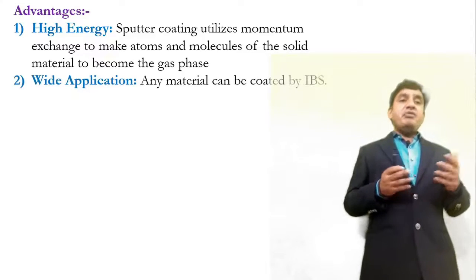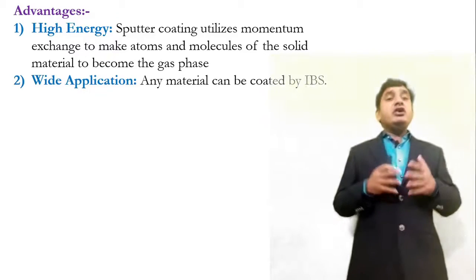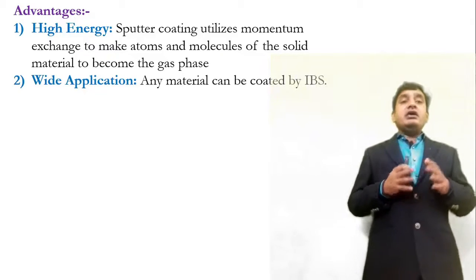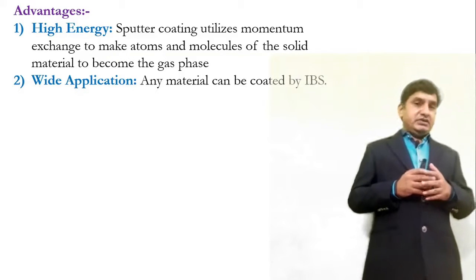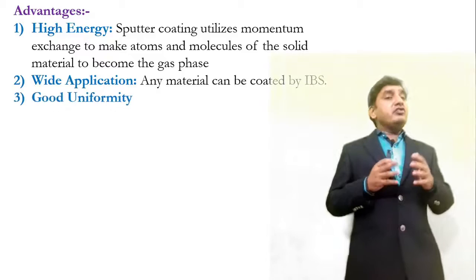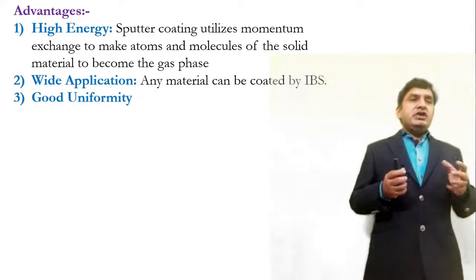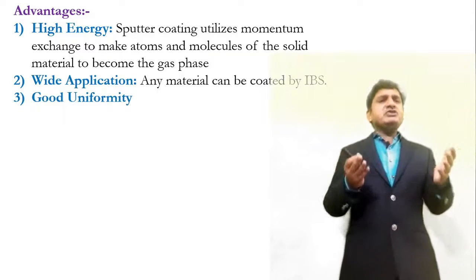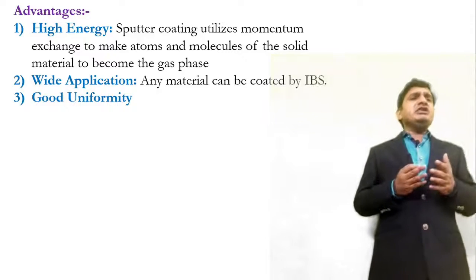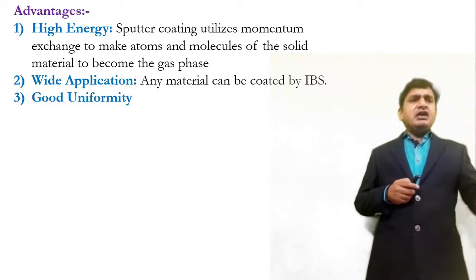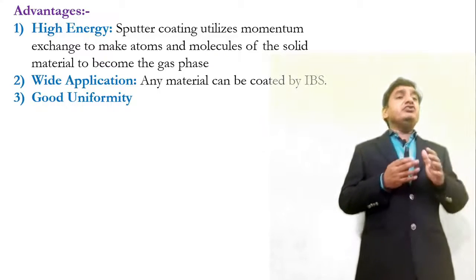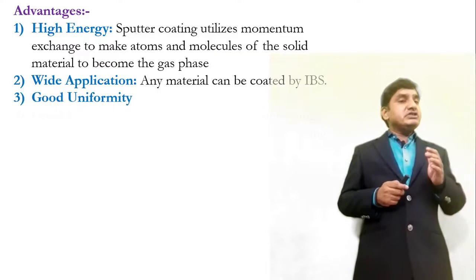Then wide application: any material can be coated by the ion beam deposition technique. Then good uniformity. The thin film produced by this method is uniform, and the particles are distributed uniformly over the substrate.